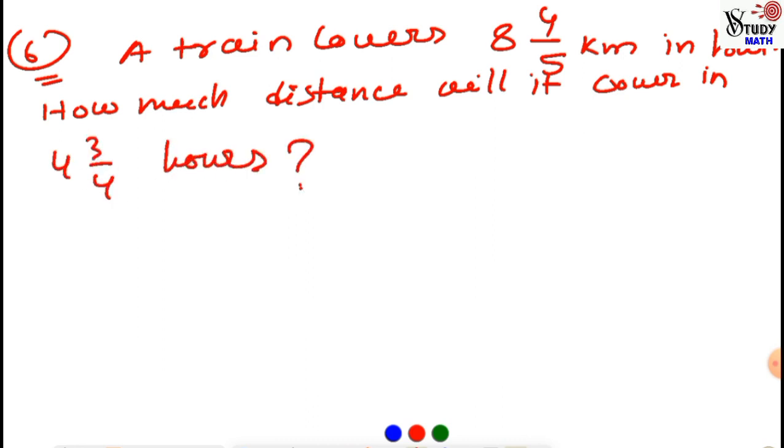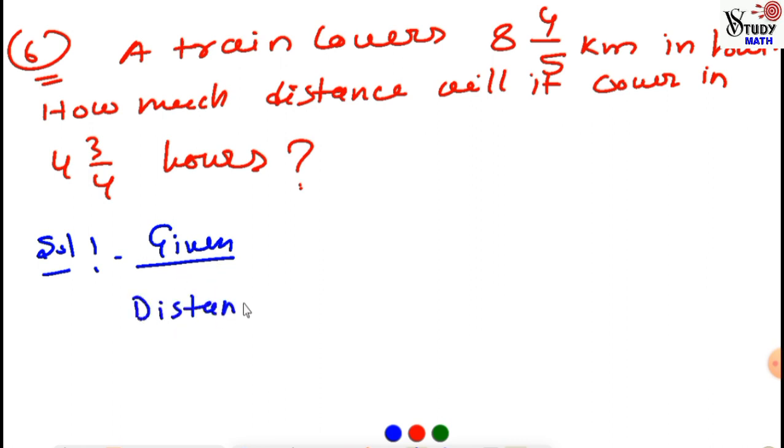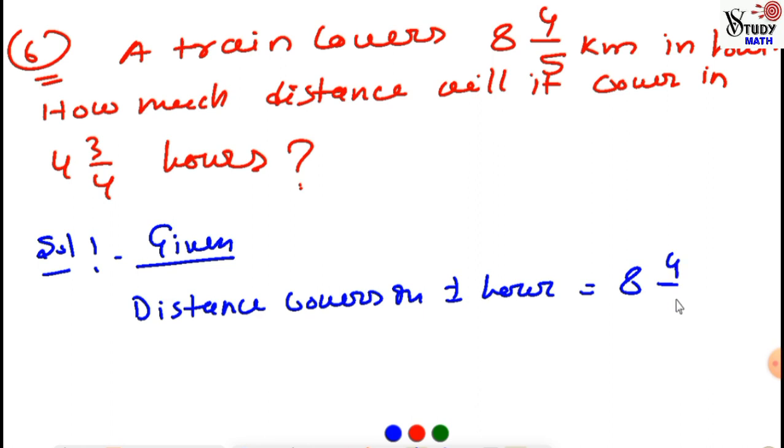So let's solve this question. Given here, distance covered in 1 hour is equal to 80 4/5 kilometer, my dear students, and we have to find distance covered in 4 3/4 hours.